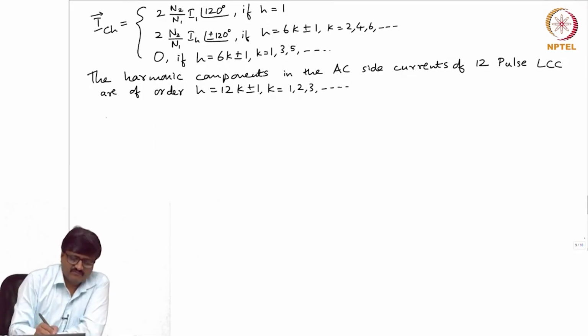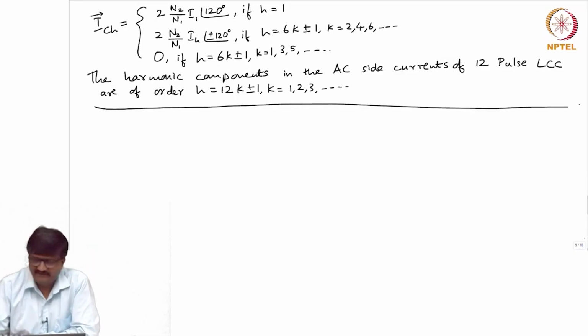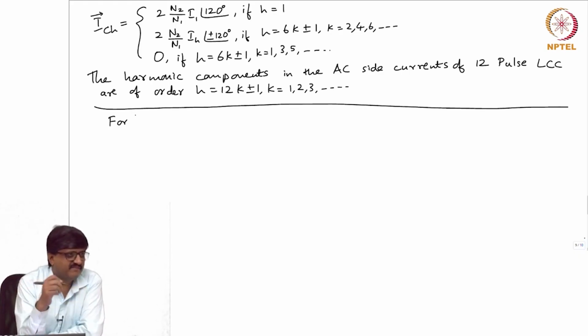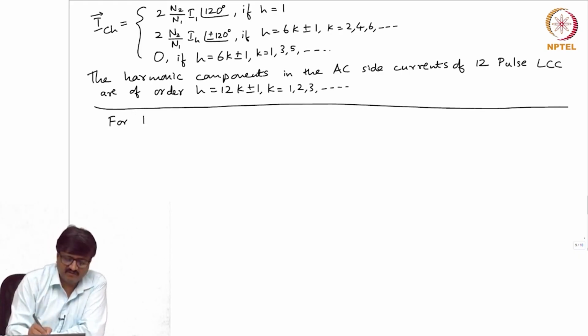Now, for harmonics on the DC side, we take a different expression for H. For the AC side we took H equal to 1 for the fundamental and 6K plus minus 1 for harmonics. Now, we will consider only harmonics. There is no fundamental; there is a DC or average component.